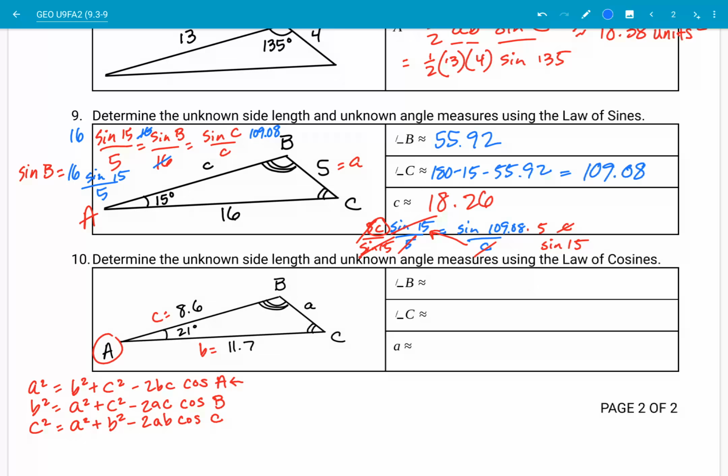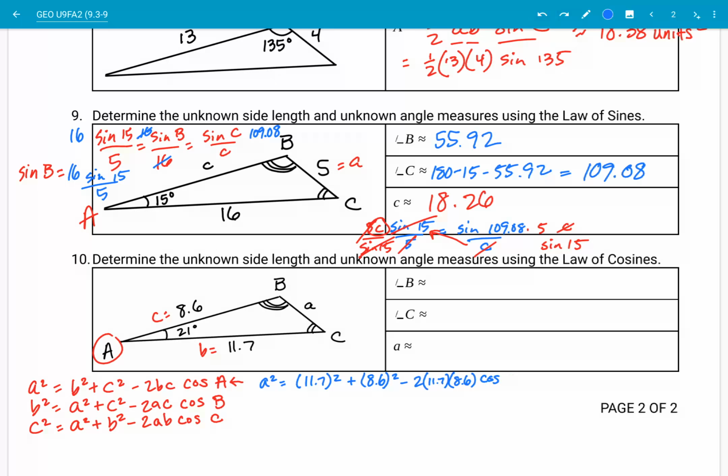So I'm going to be plugging in a squared equals B, which is 11.7, squared, plus C, which is 8.6, squared, minus 2B, which is 11.7, times C, which is 8.6, times cosine of A, which is 21.